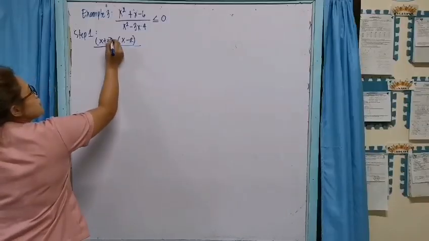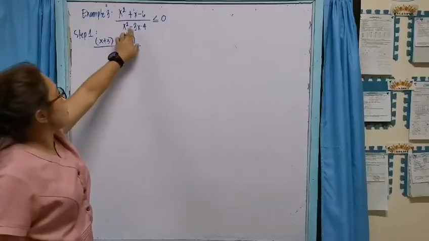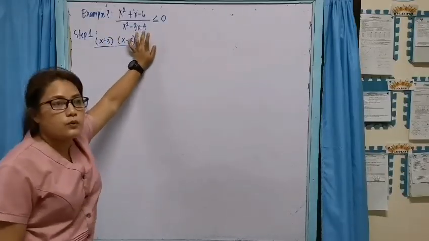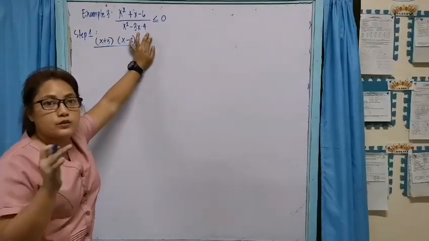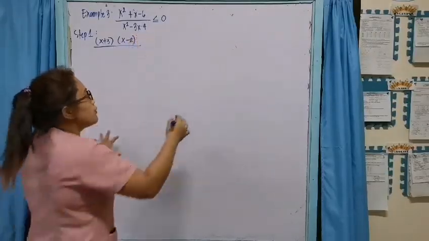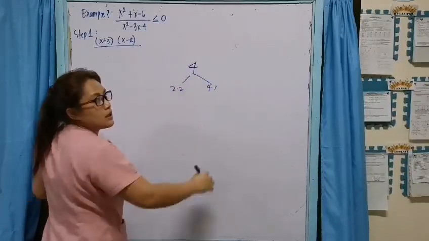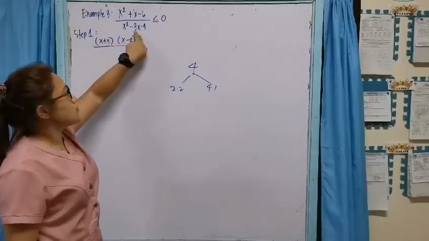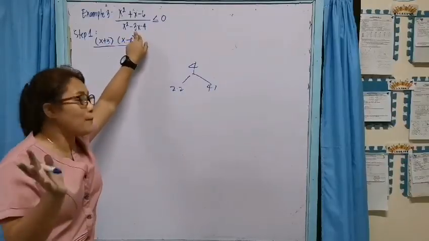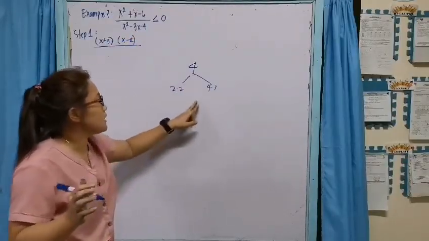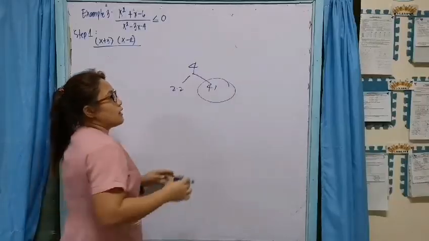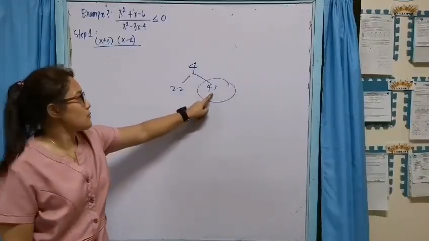And then you factor also the denominator, x squared minus 3x minus 4. The factors of 4 are 2 times 2, and also 4 times 1. The middle term here is 3x, so which pair gives us 3? 4 times 1.